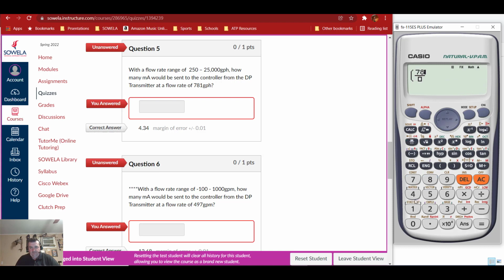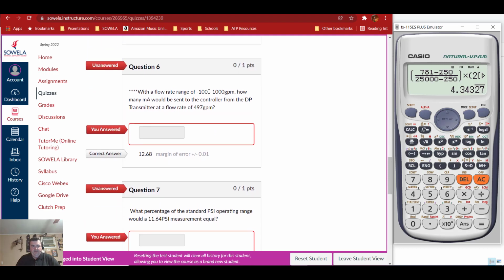So we're going to put in the 781 minus 250 over 25,000 minus 250, close parentheses times open, and looking for milliamps. 20 minus 4, close parentheses, plus 4, and we get 4.34 milliamps.